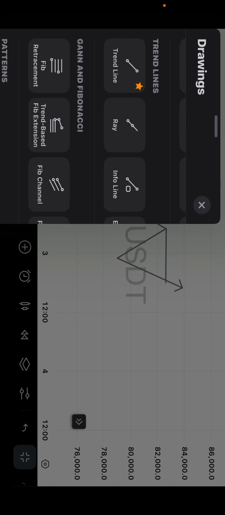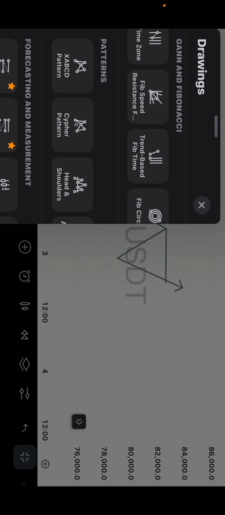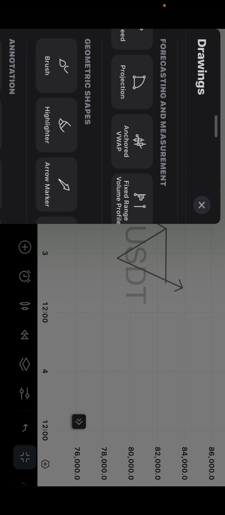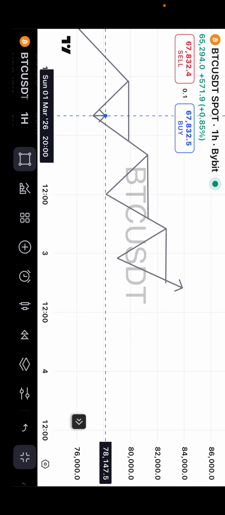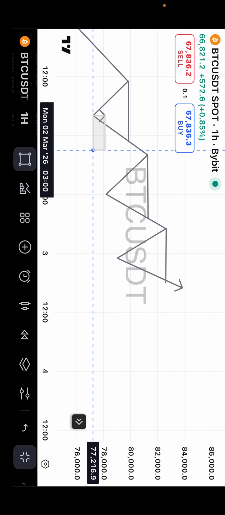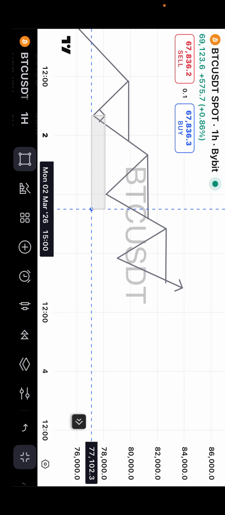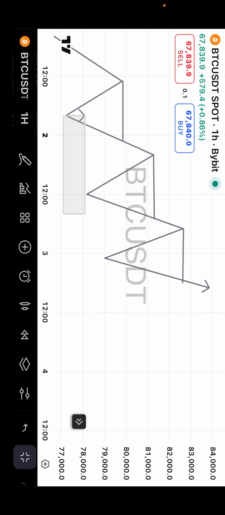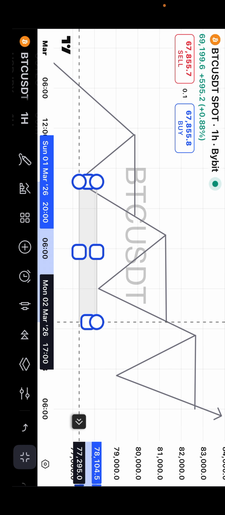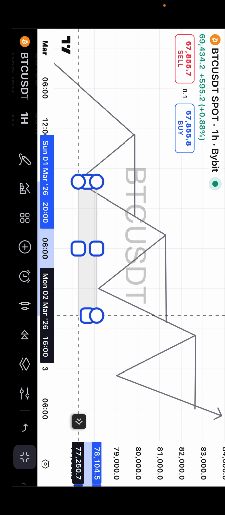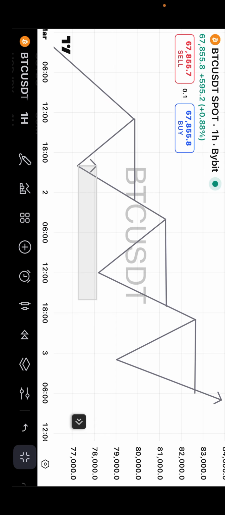So what we are going to do is highlight that candle before the massive buy, and then we'll draw it out as our demand zone.